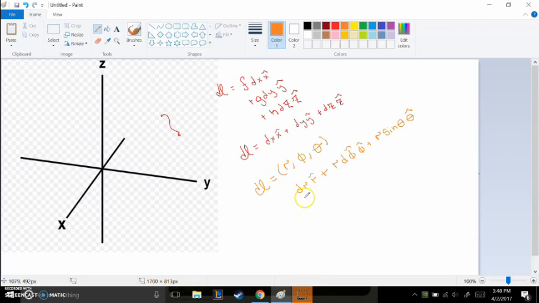So that's how you translate between two points given a small path length dl in spherical.